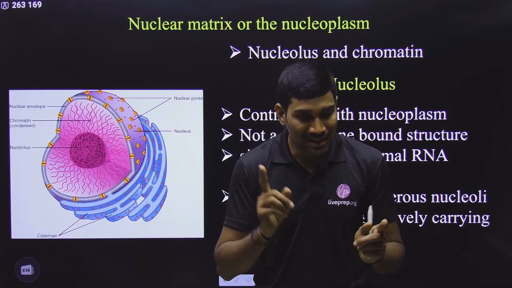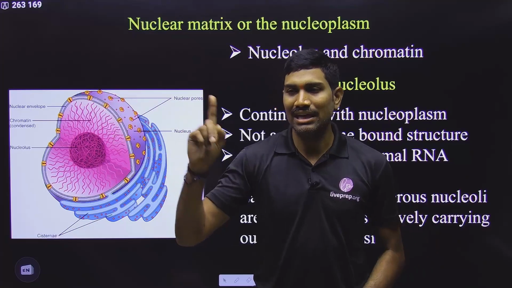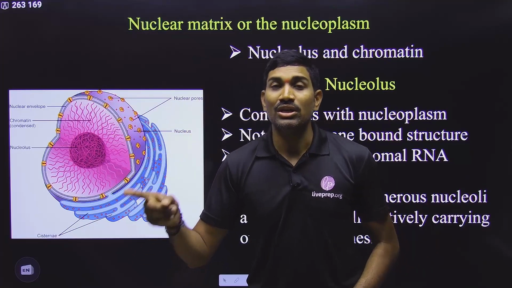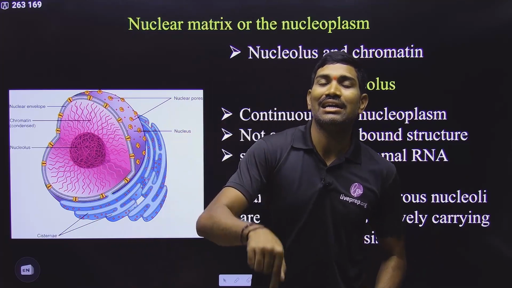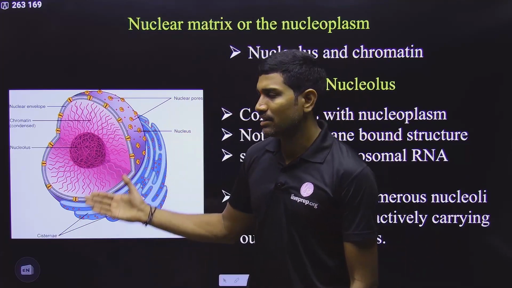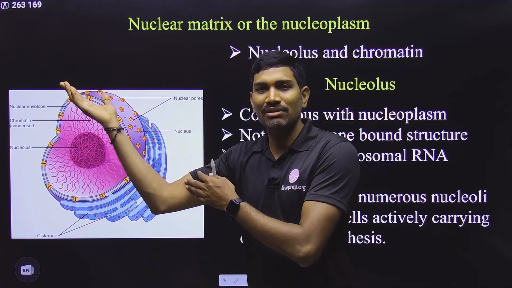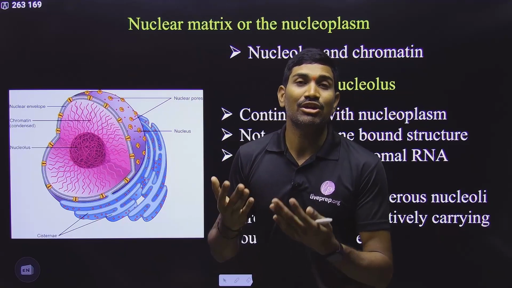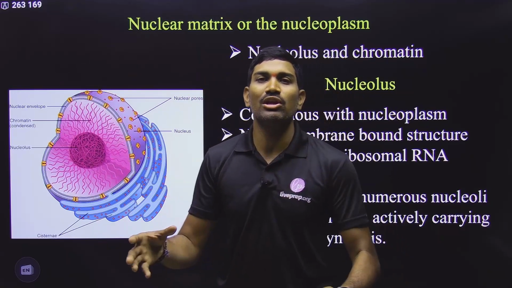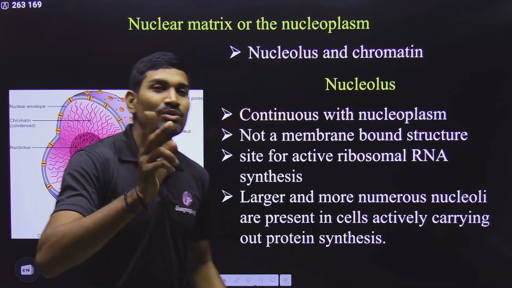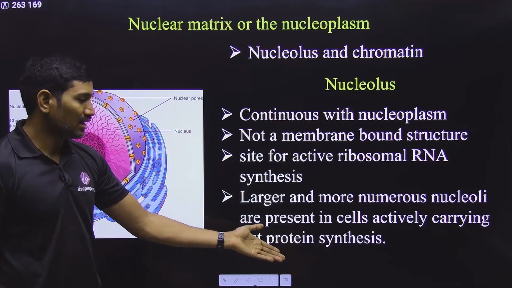For protein synthesis, ribosomes are required. For ribosomes, ribosomal subunits are required. For ribosomal subunits, rRNA is required. And who will synthesize rRNA? Nucleoli. If more protein is required, more rRNA is required. If more rRNA is required, a large nucleolus and more nucleoli are required. This is the relation mentioned in NCERT.